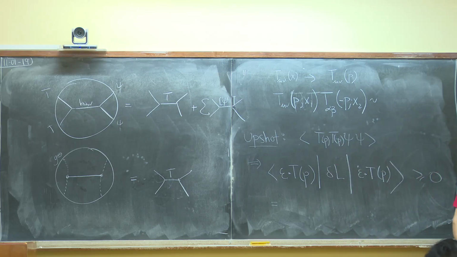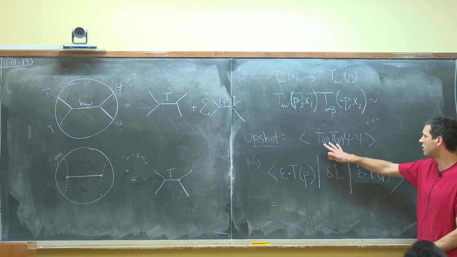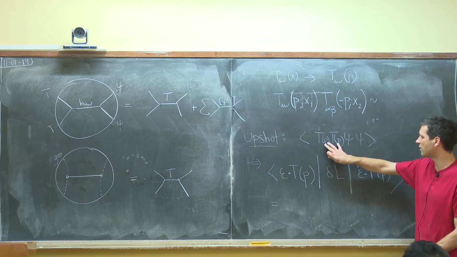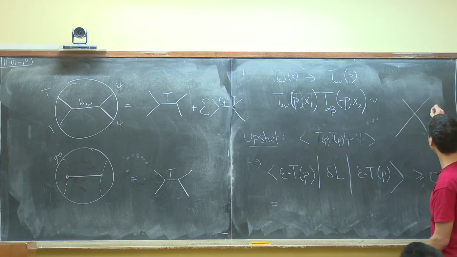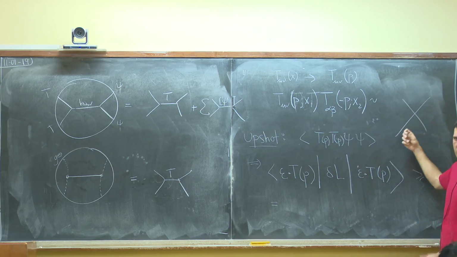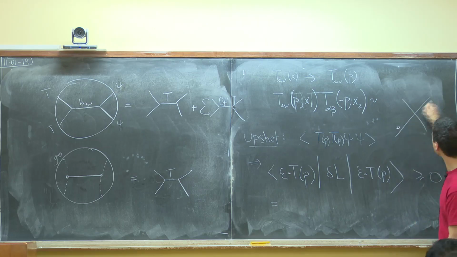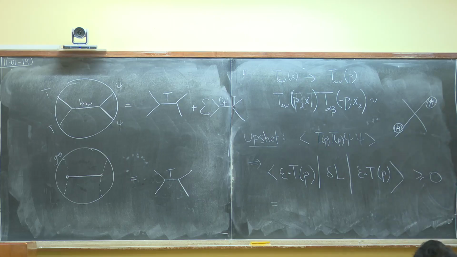That's true. These points are not close to each other. What I'm really doing is I'm using the position space OPE for points that are far apart like this, and then I'm smearing them like that. So I'm still allowed to use the OPE.